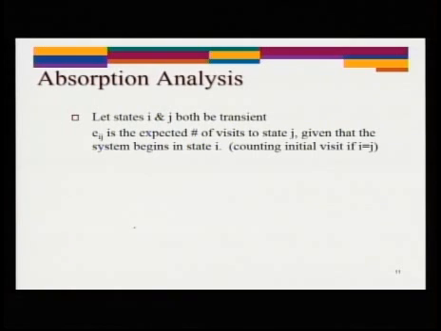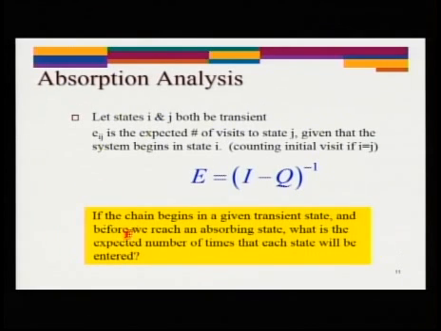then we should be able to answer the following 2 questions. Okay? The first question is saying that starting from a transient state, how many transitions do we expect to spend in a given transient state before absorption takes place? Okay? The answer for the question is from the E matrix, which is from this.